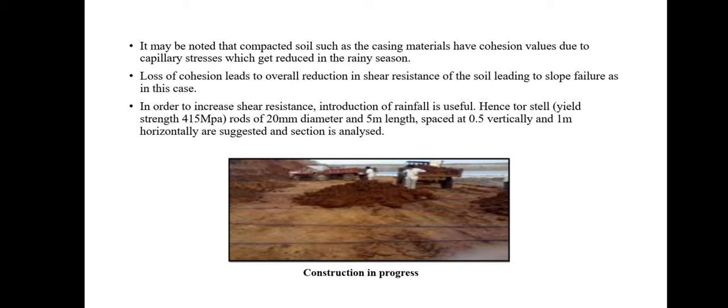Loss of cohesion leads to an overall reduction in shear resistance of the soil, leading to slope failure, as in this case. So, in order to increase shear resistance, introduction of soil nails is useful. Hence, rods of 20 mm diameter and 5 meter length, spaced at 0.5 meters vertically and 1 meter horizontally, are suggested and the section is analyzed. So, as you can see in this picture, the construction is in progress.